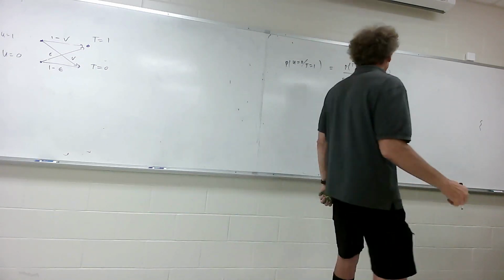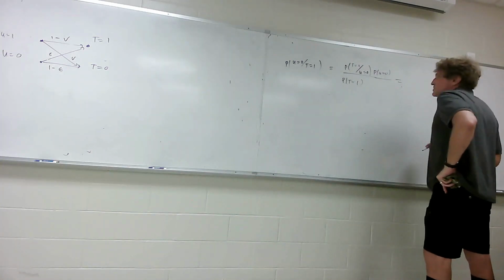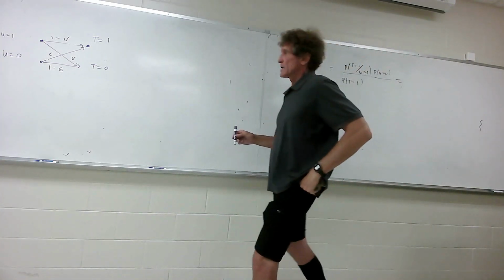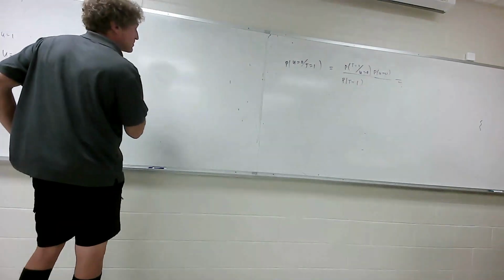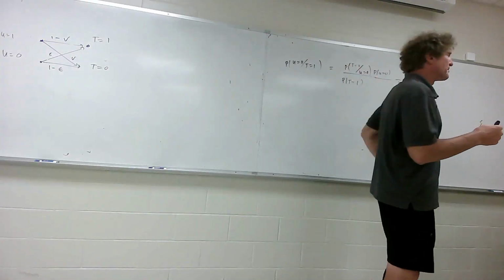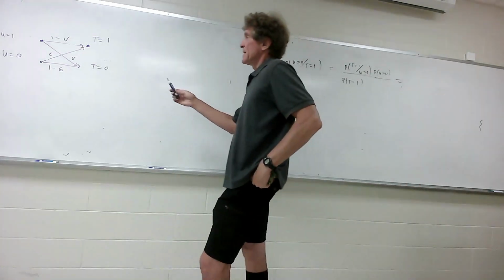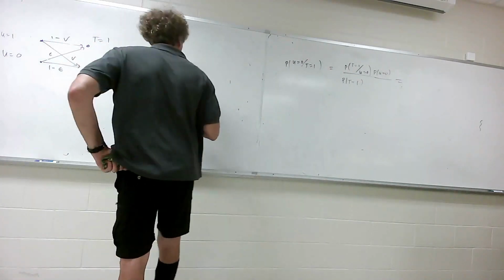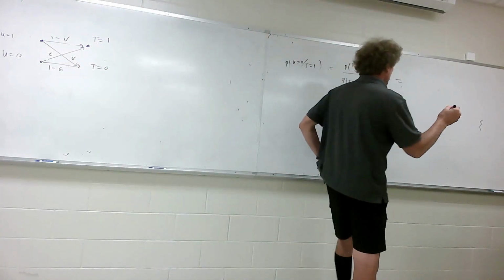All right, now, let me go ahead and fill this in. So, real quickly, the probability of test equal 1 is going to be equal to p times 1 minus v. Let me write this down here so I'm clear.